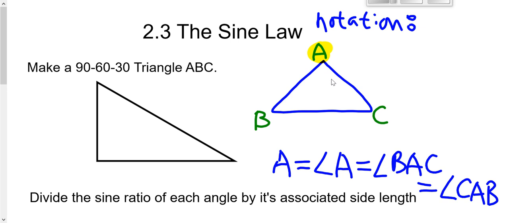Then for the length of a side, by convention in math, we always use the lowercase letter. So this is angle A, and the side opposite to that, we would use lowercase a. This is angle B, the opposite side we use lowercase b. This is angle C, the side opposite to that we call lowercase c.